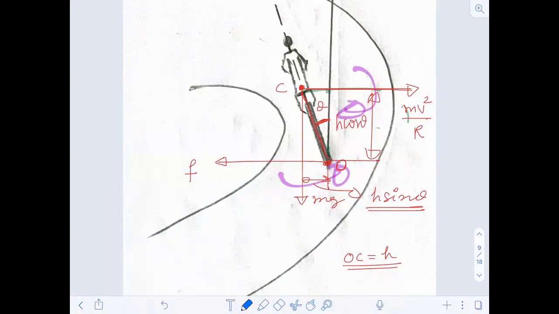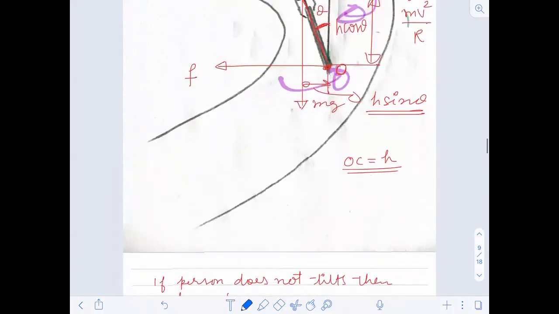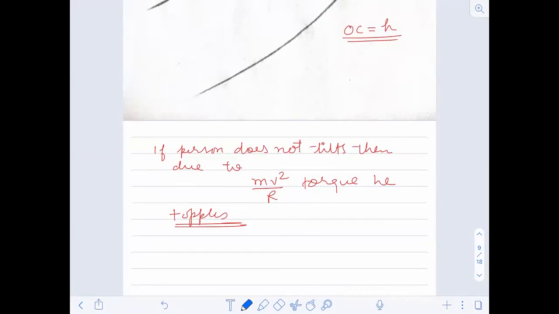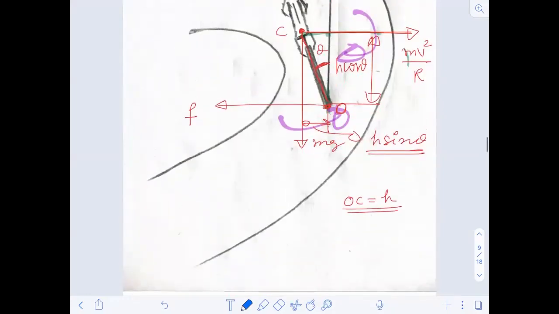Okay, so for the safe turning without toppling, what can I say? Both the clockwise and anti-clockwise torques must be same.